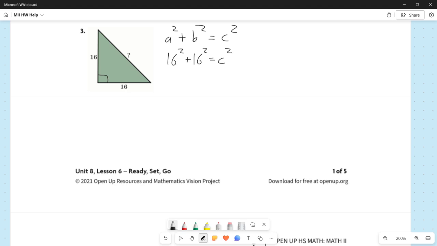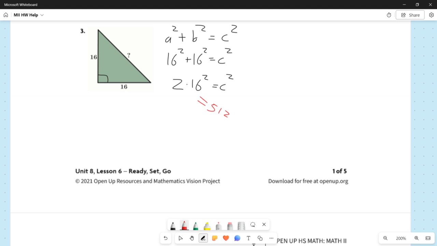Well, that's actually the same thing as simply 2 times 16 squared equals c squared. Right? I have 2 of them. And again, it turns out, I'll do this in red, it turns out that this is 512.